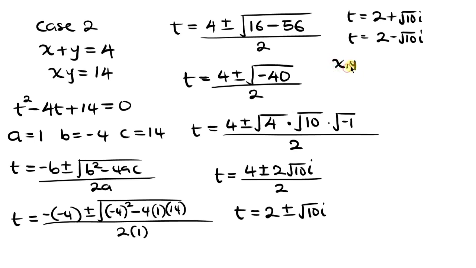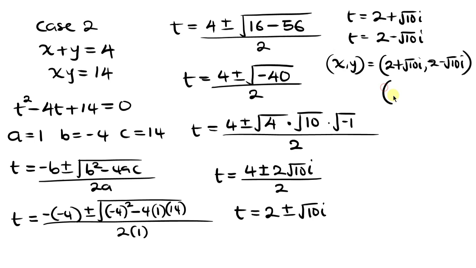So x and y now becomes, let's take the first one for x. So we have 2 plus the square root of 10 times i for x. Then the negative, we take it for y. So we have 2 minus the square root of 10 times i.